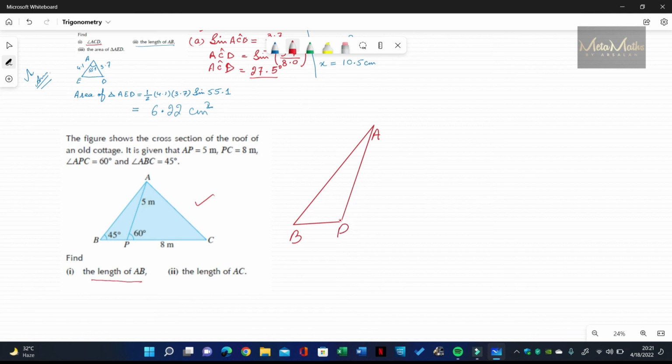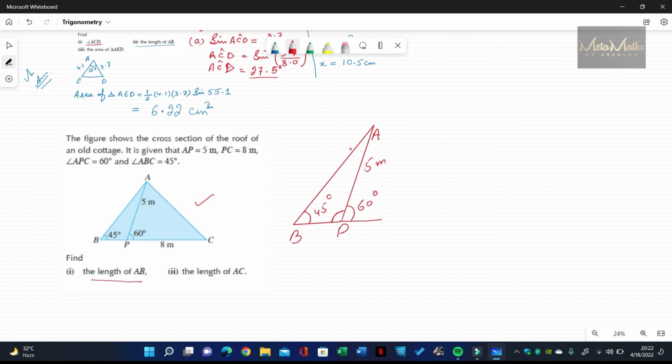Also I'm extending this line because I have this angle in the question, which is 60 degree. Plus this side is 5 meter and this angle is 45. I need to find this angle because in sine rule we must have the angle opposite to the unknown side.